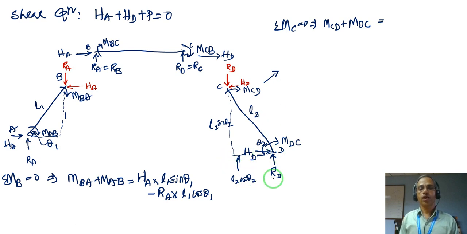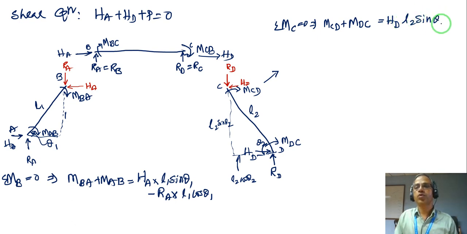So now HD into vertical, that means L2 sin theta 2. So HD, which is giving anti-clockwise, I am writing on the other side, HD into L2 sin theta 2. Then RD is going to give anti-clockwise, so I am writing this side, RD into horizontal distance, which is L2 cos theta 2.